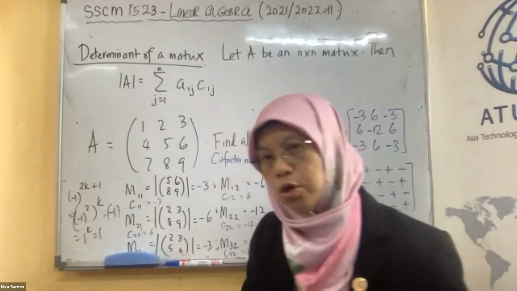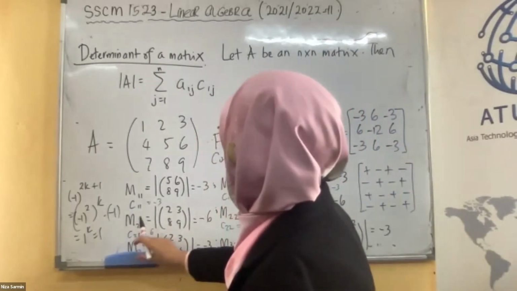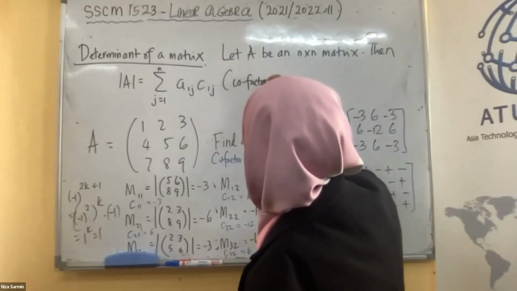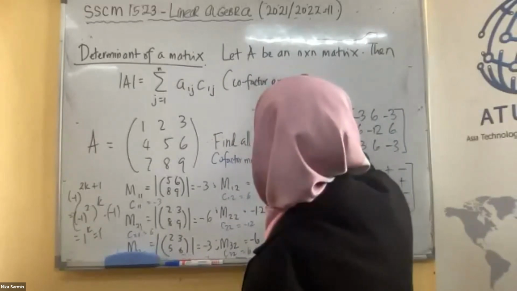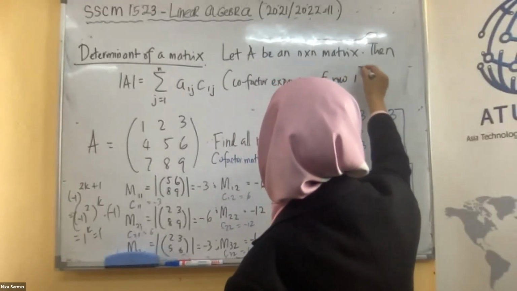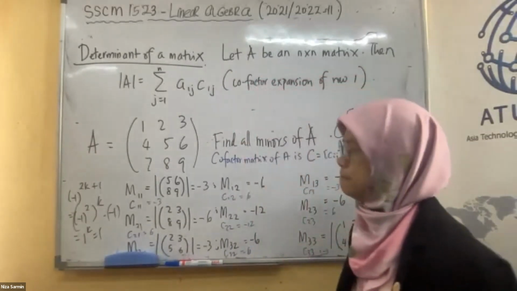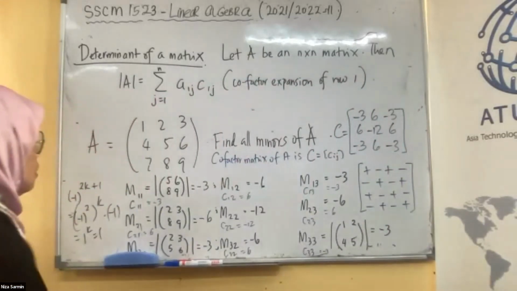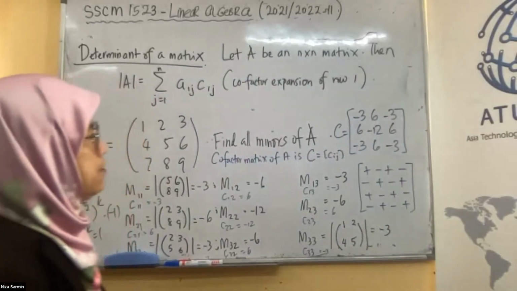This is called using the method of cofactor expansion of row 1.